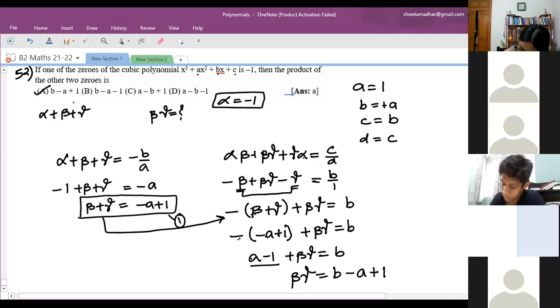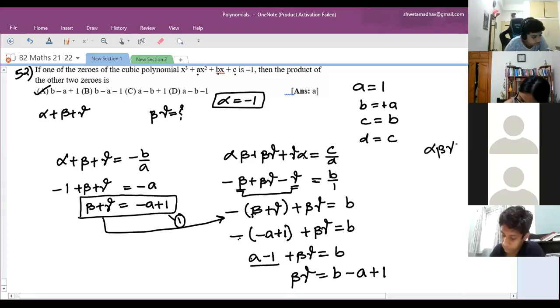Ma'am, here also they asked us to find the product of beta and gamma. Then how do we know the product of the other two zeros? These are the options given. If you take the third, then you will get alpha beta gamma is equal to minus D by A, that is minus C, right?